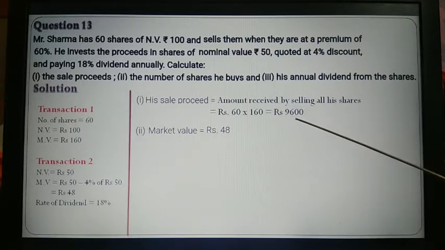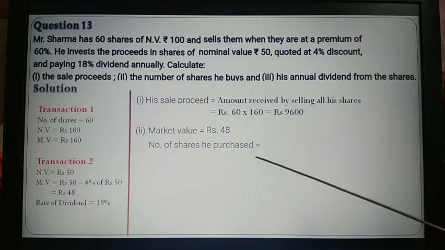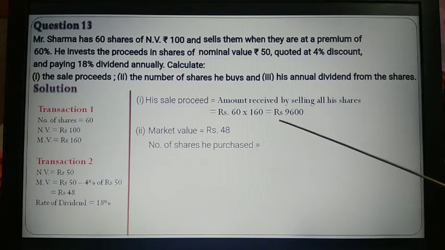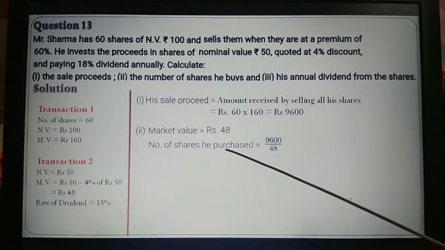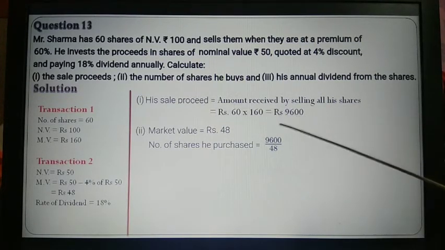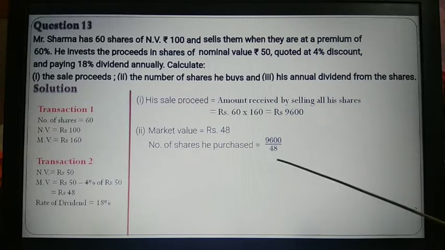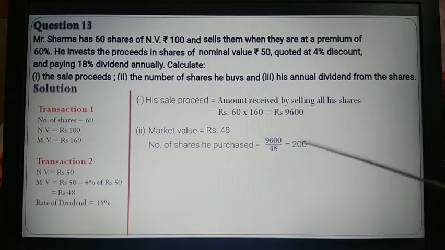So my number of shares will be nothing but the amount received divided by the market value. Let me repeat once again: my number of shares purchased will be the amount received divided by the market value, which turns out to be 200.